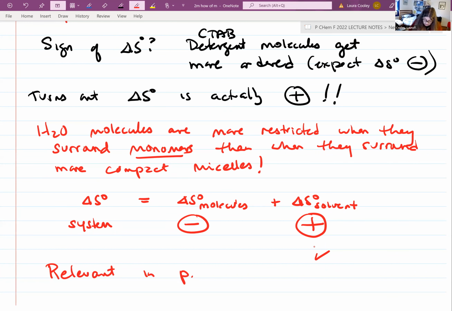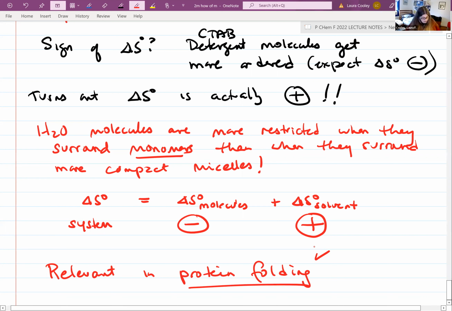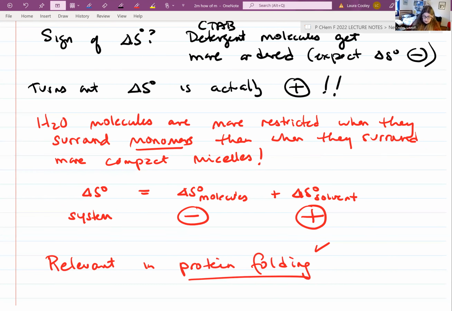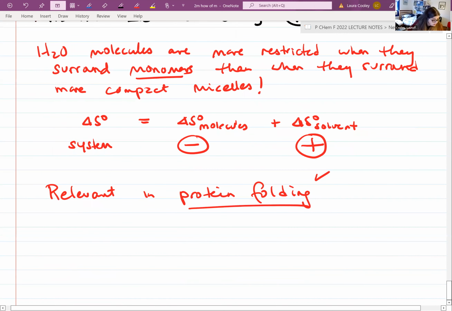This is also relevant in protein folding, and I have a little something written on that in the chymotrypsinogen lab, which is in the second rotation of labs.